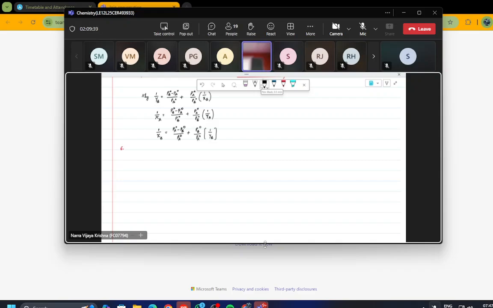If number of moles of A in liquid is some X, number of moles of A in vapor is Y. If X becomes equal to Y, understand this? What is the meaning of it? The amount of A in liquid phase becomes equal to amount of A in vapor phase. Correct? That's what now I am saying. X becomes equal to Y.